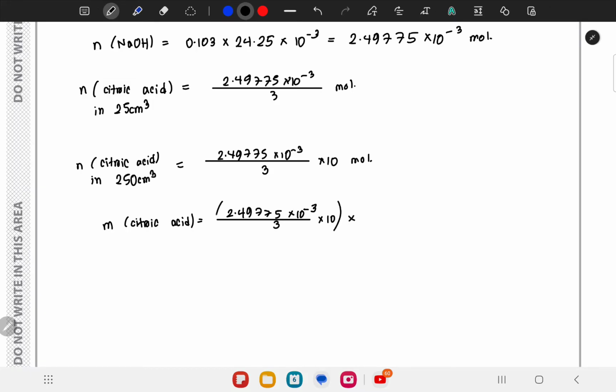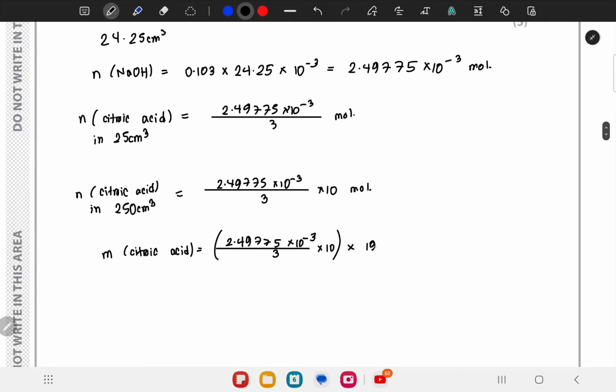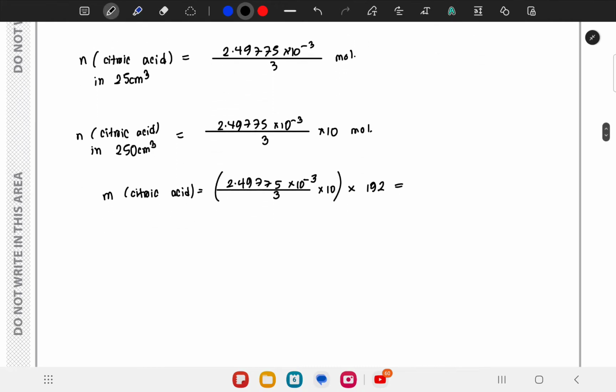So this is the number of moles, and the molar mass is 192. We get a value of 1.5986 grams.